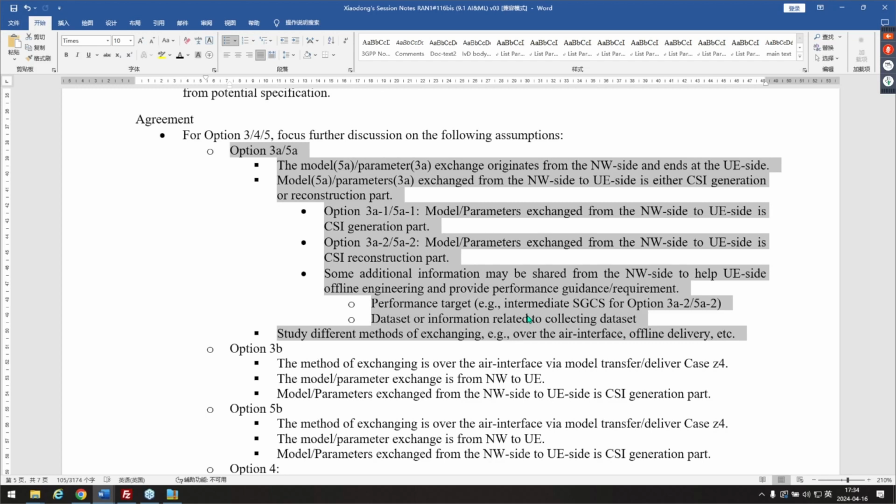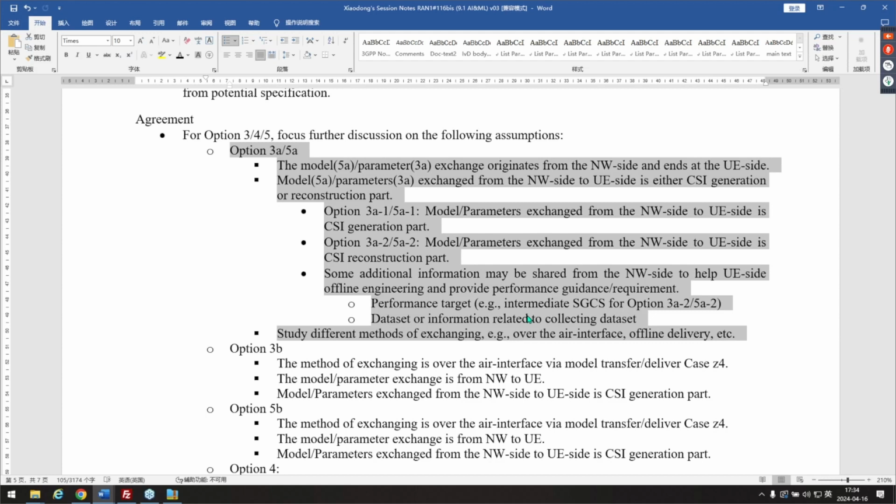Just want to get some clarification on this option 3A1 and 5A1, these two bullets. So let's assume the network side shares the CSI generation part, the encoder, to the UE side. So by definition, option 3A1 and 5A1 needs to be exchanged from network side to UE side, right? Yeah, okay.